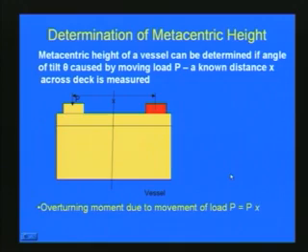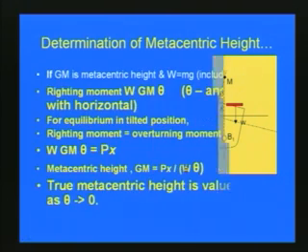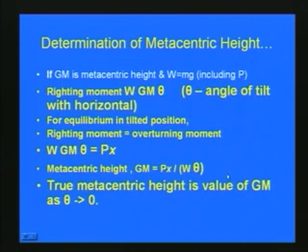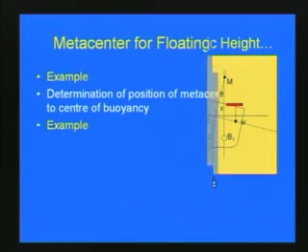The same thing we can write as GM is equal to wx by W tan theta, where small w is the weight of the small body on the vessel and W is the total weight. So, like this we can determine the metacentric height.